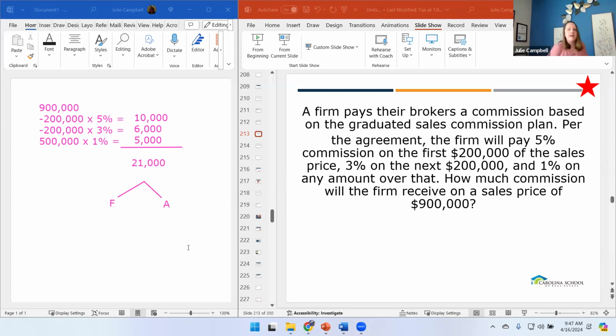They would take that 21,000 and split it per the agent's compensation plan. And we're going to see that split. We'll do that in the next problem. One step at a time. Questions on how we got the firm's commission?